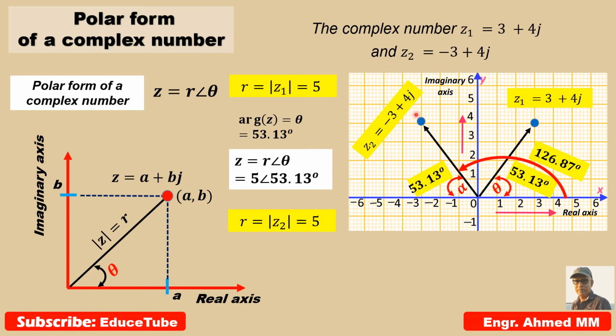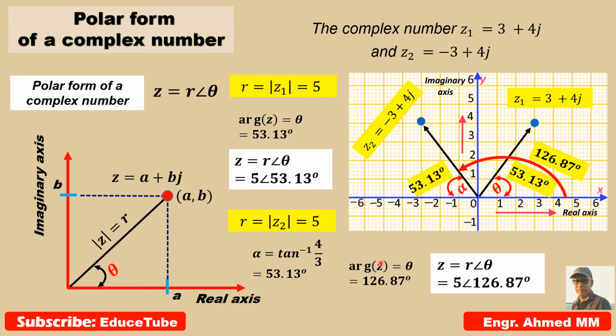Again, for the second one, for this complex number, we are finding the modulus. What is that? 5. We know the formula for how to get that. So let's see the argument. What is the argument for this number? Because we know 53.13, but we have to measure from here.